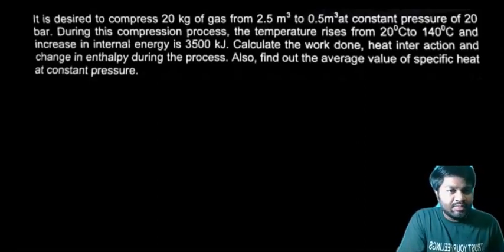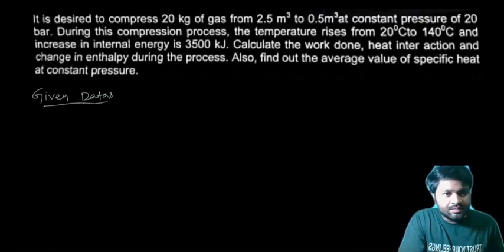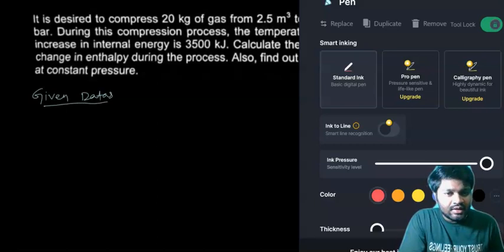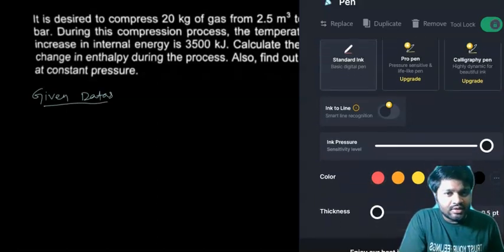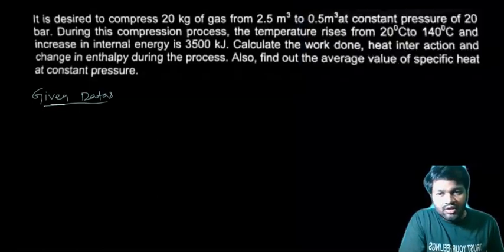Okay. So let me write what are the given data to us. So we have to write here given data. So what are the given data? Let me increase the size to a certain amount. Okay. So what are the given data? Here mass is given to us as 20 kg.